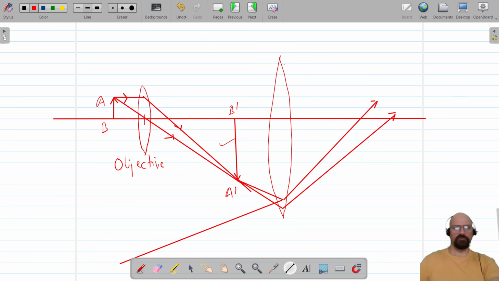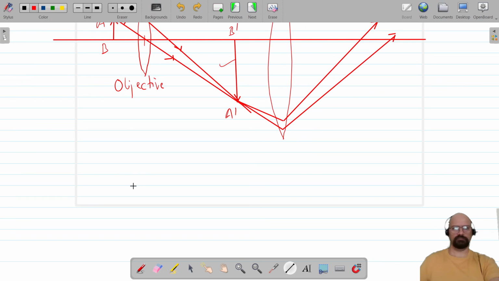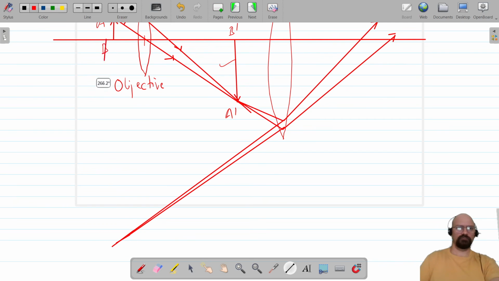We have to produce them backwards. Let's suppose they are intersecting here.